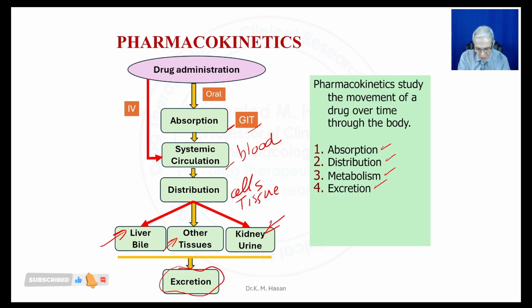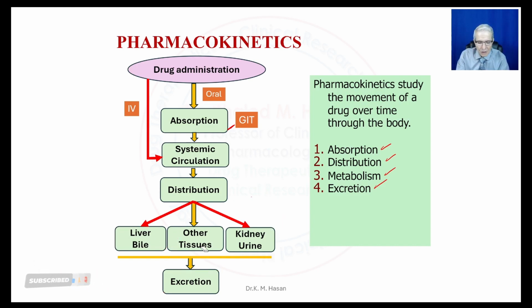So the question here we can ask ourselves, what happened if instead of giving this medication orally, another alternative option here, if we prescribe this medication IV. IV here means intravenous. That means we inject the medication directly inside the vein.